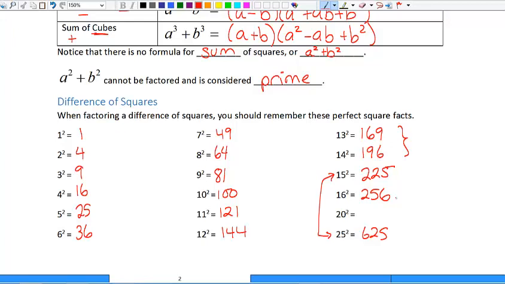It comes up an awful lot because it's a power of 2. And then 20 squared also comes up an awful lot. 20 times 20 is 400, which I think a lot of you probably know because 2 times 2 is 4 and just add 2 zeros. Notice I skipped 17, 18, and 19, and 21 through 24. Those don't come up an awful lot, but 20 and 25 do, so I just thought I'd give you the ones that come up an awful lot.